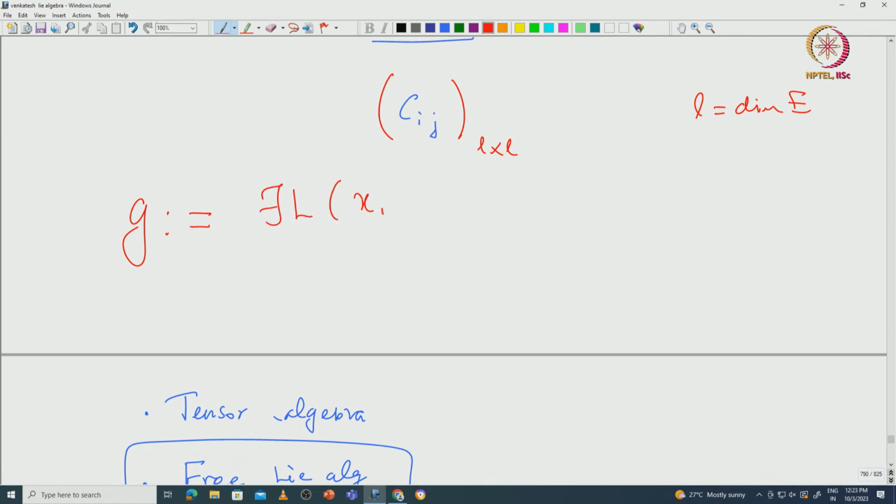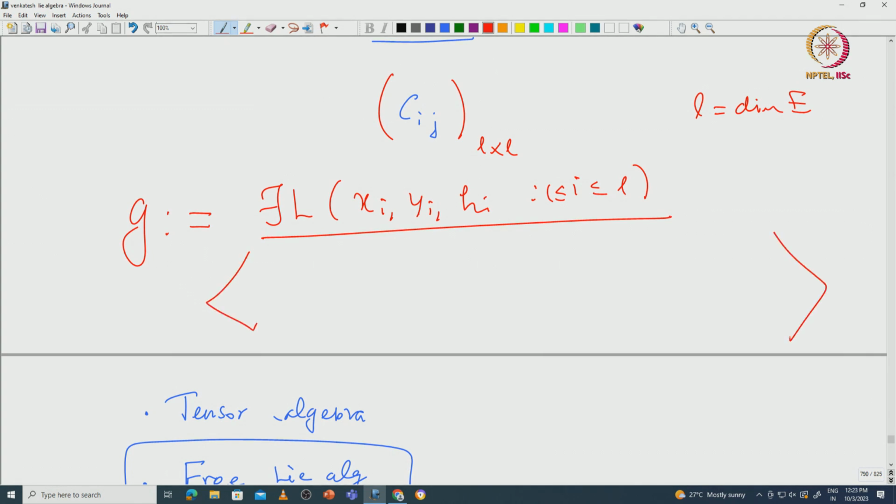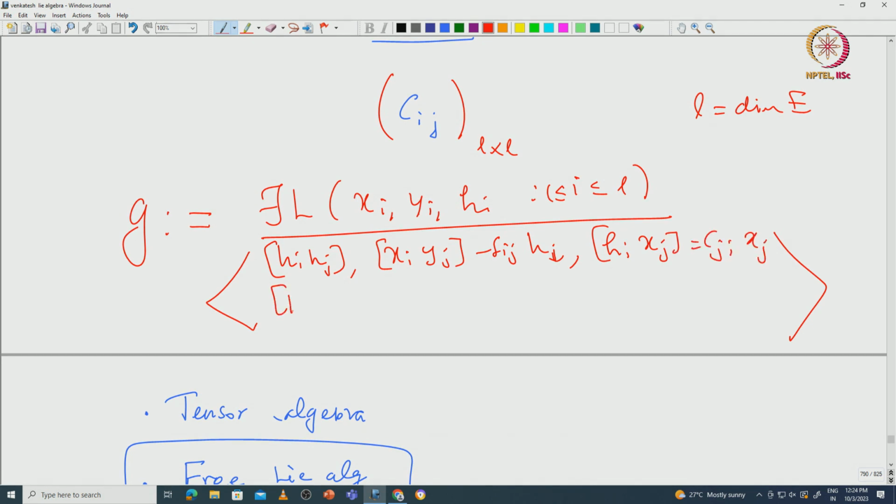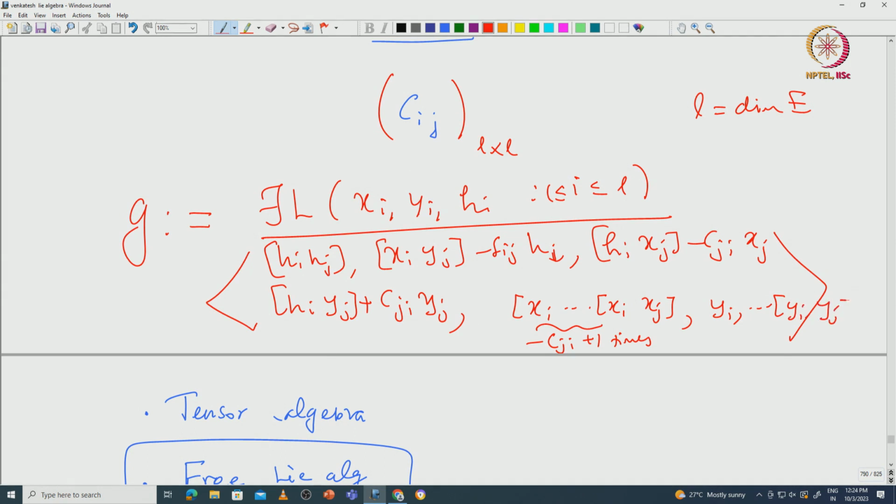So, basically you take FL of x_i, y_i, h_i, where i ranges from 1 to L, and then you take the ideal generated by [h_i, h_j], and then [x_i, y_j] minus delta_ij h_j, [h_i, x_j] minus C_ji x_j, [h_i, y_j] plus C_ji y_j, and then you take ad x_i etc. applied to x_j, where minus C_ji plus 1 times x_i appears, and then similarly take ad y_i etc. applied to y_j, where y_i appears again minus C_ji plus 1 times.